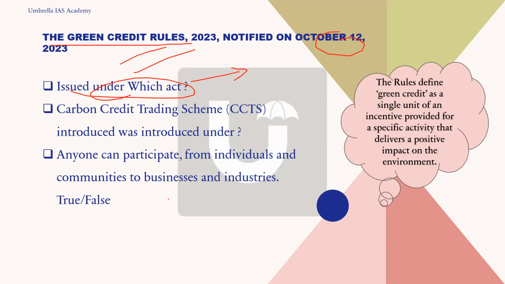Under Mission LiFE, the government is implementing two things. I think we already discussed this in the previous classes. One is the green credit scheme and the other is Eco mark. Yes, very good.